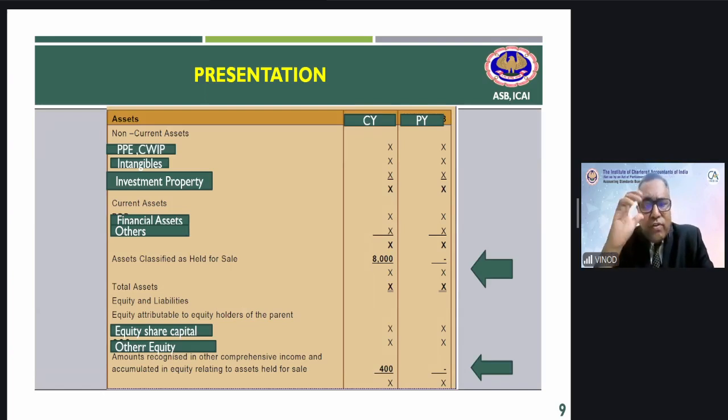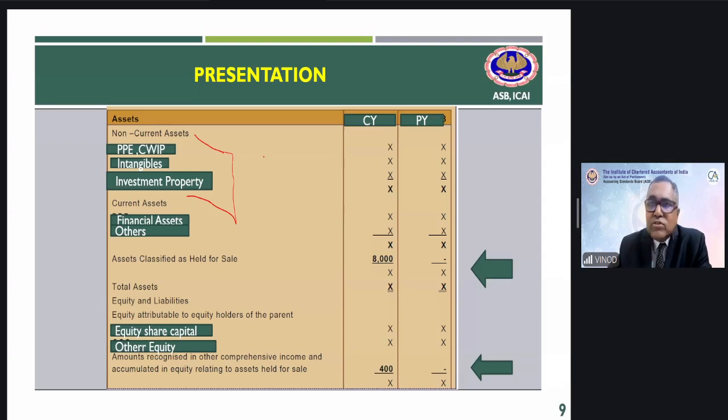Now, what we mean by held for sale is a simple balance sheet. If you look at this balance sheet, you will realize that these are all non-current portion. So when you are doing 105 specific asset sales, you only take the non-current portion.